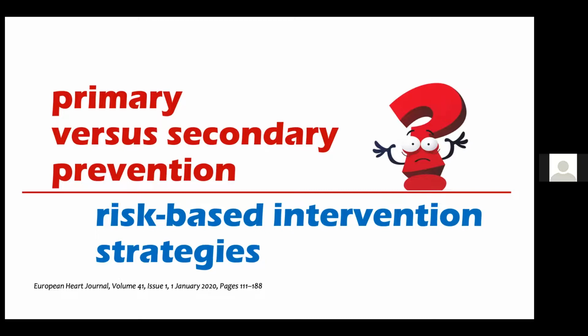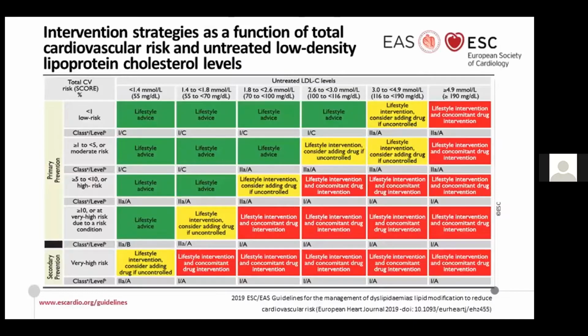So we need to keep in mind, are we dealing with primary or are we dealing with secondary prevention? Again, it's just for us to remember that no one should come and say that statin should always be under lifestyle. Lifestyle is a cover, yes, but statin might be the primary intervention in some patients. This is just to give you an idea.